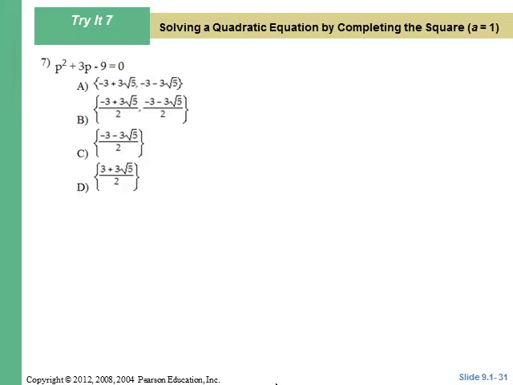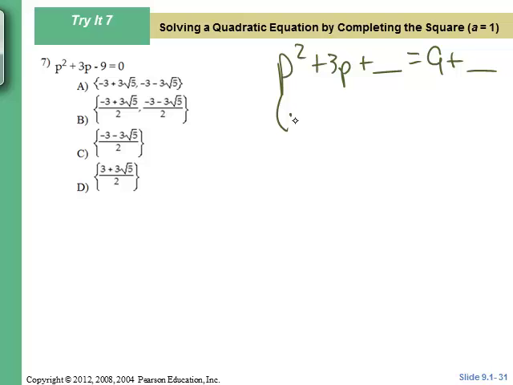Try this one. P squared plus 3p plus blank equals 9 plus blank. P plus 3 halves squared is 9/4. This is 36/4. 9 and 36 is 45/4. Square root of both sides.